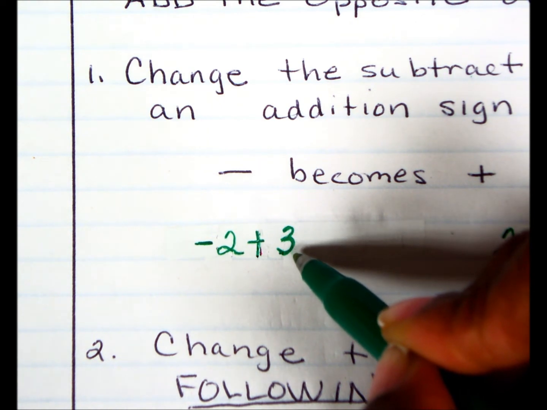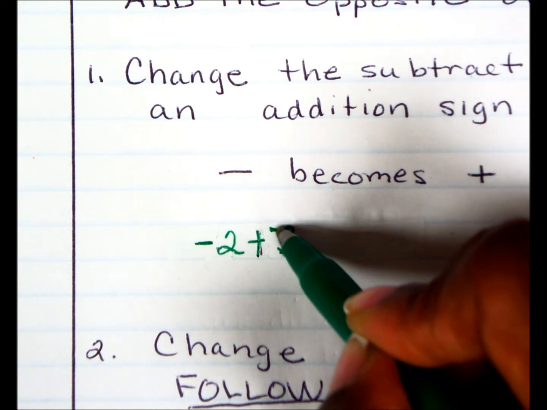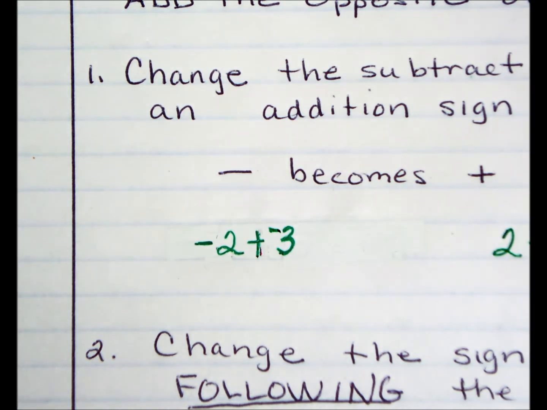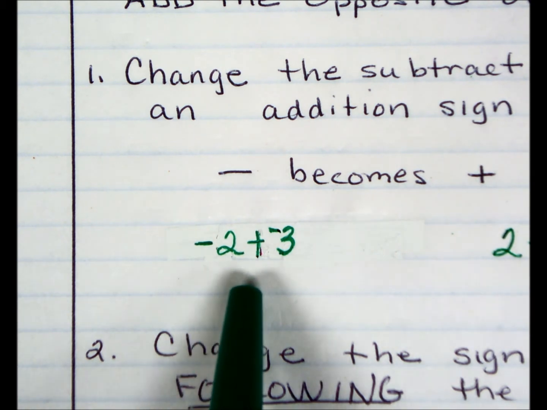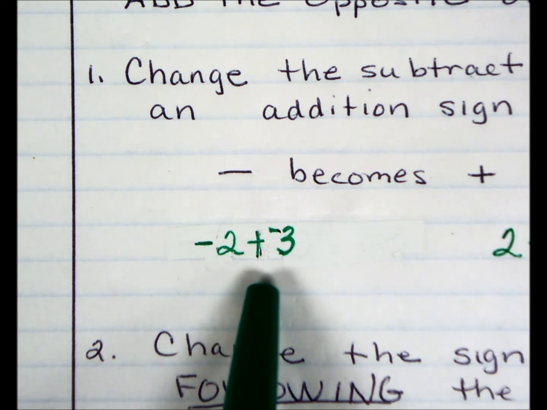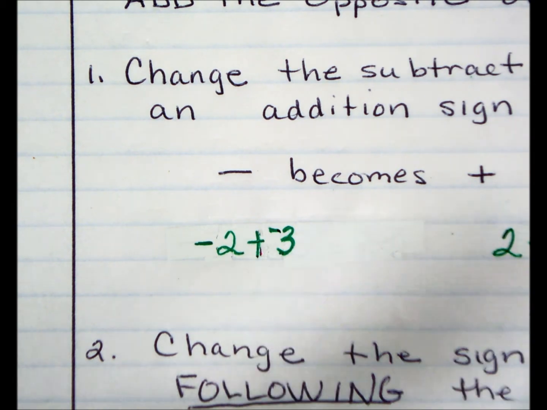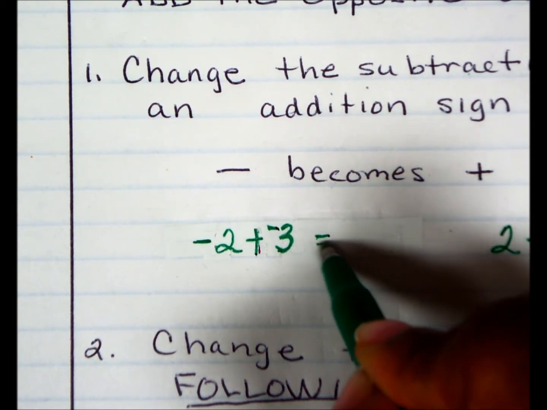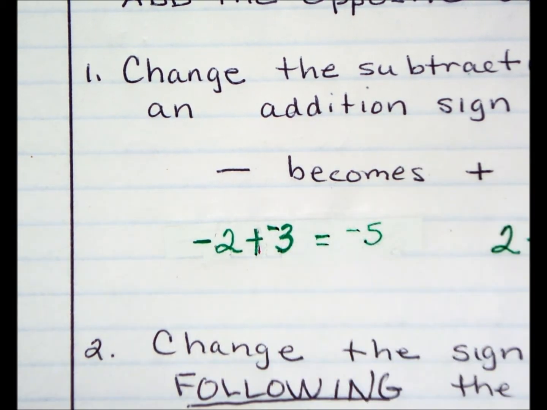So this is a 3, so we would make it a negative 3. Then the third thing that you do is follow the rules for addition. Addition says if the signs are the same, add them, find the sum, and use the sign. So this would be a negative 5.